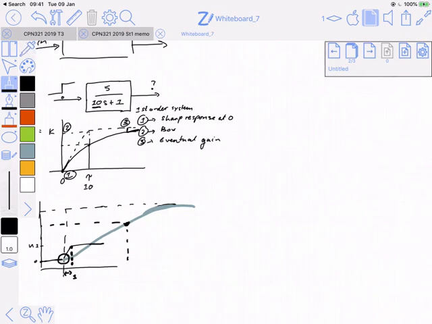I can do the same thing and say, well, now I've got a second order response. Let's make this really easy and make it a very overdamped system. So let's say it's s squared plus 10s plus 1. How do I know that's a very overdamped system?